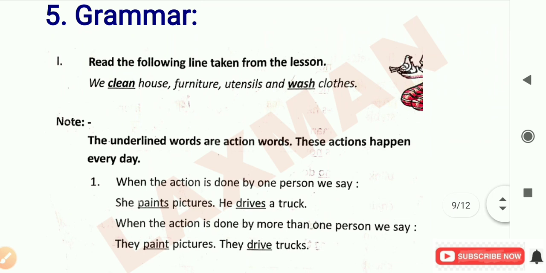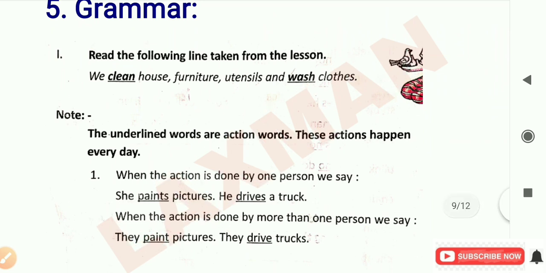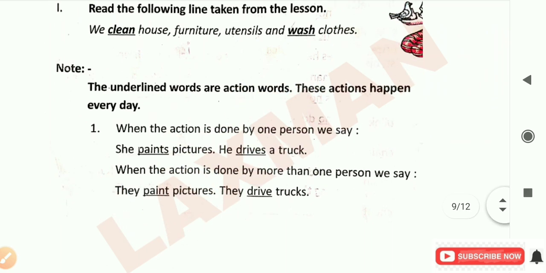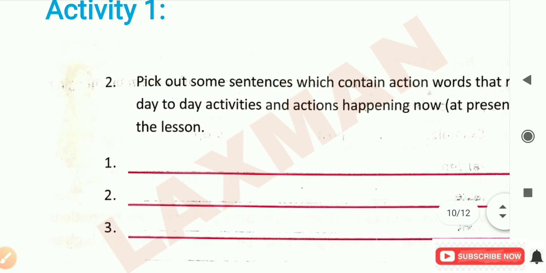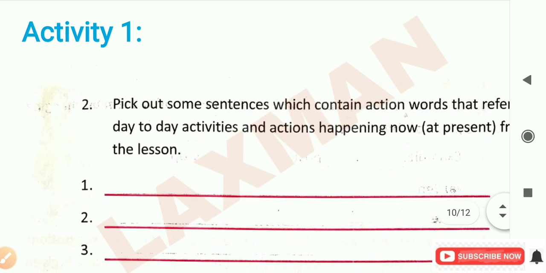Next, the fifth one, grammar. In this grammar I am introducing action words and verb agreement. On the basis of these two, verb agreement and action words, I gave 2 activities. Activity 1 on action words.